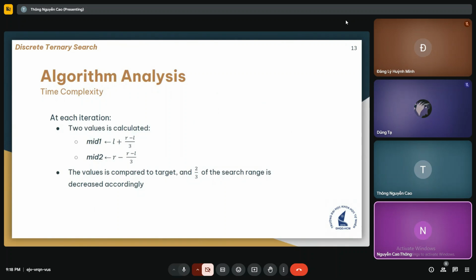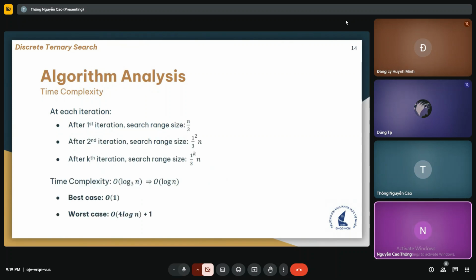Now let's calculate the time complexity of the algorithm. At each iteration, two values are calculated, like I said before, and one third of the search range is eliminated in each iteration. So after the first iteration, the search range becomes two thirds of n, and for each iteration, it is reduced by one third. So obviously, we can imagine that the time complexity is logarithmic time.